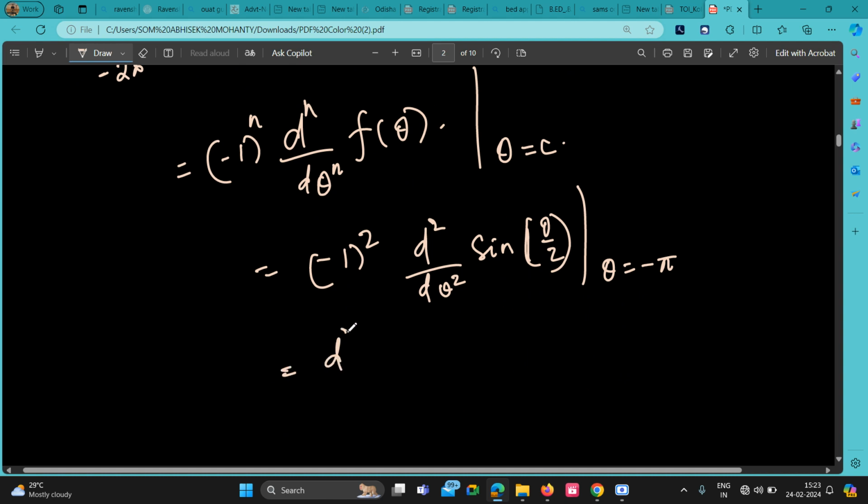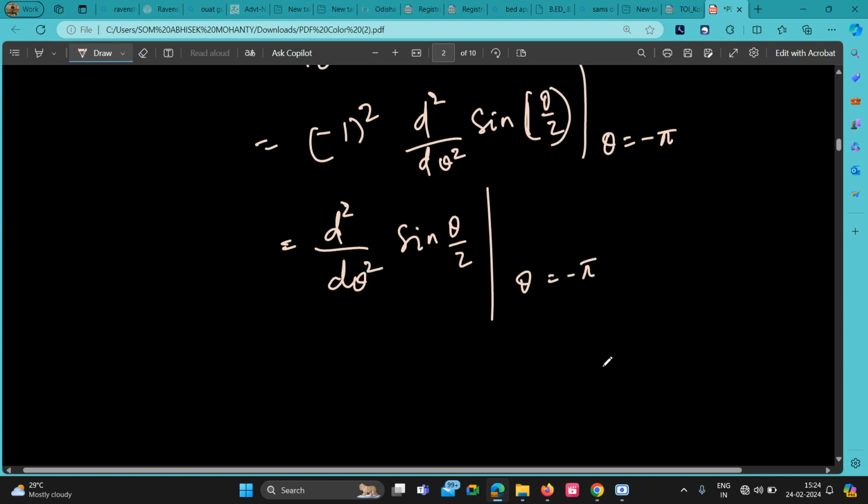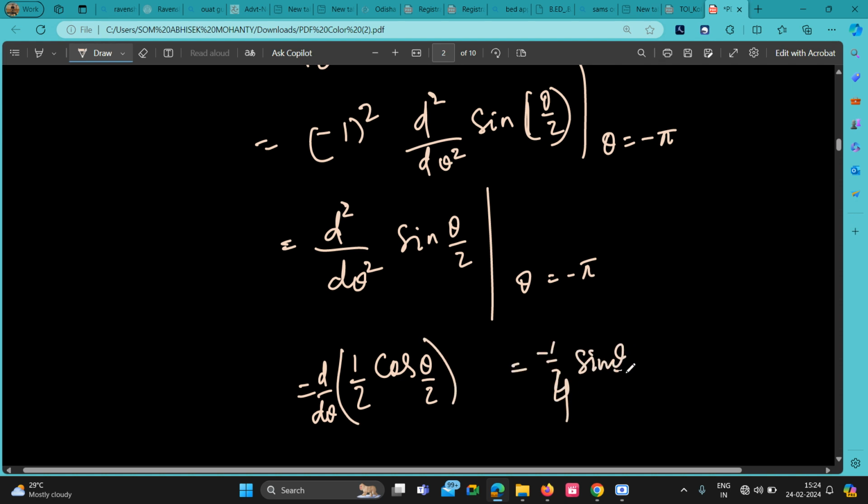So this is d square by d theta square of sine theta by 2, at theta equal to minus pi. I will take the first derivative, which is cos theta by 2 times 1 by 2. Then d by d theta gives 1 by 2 times minus 1 by 2 sine theta by 2, that is minus 1 by 4 sine theta by 2. And then I have to put theta is equal to minus pi.